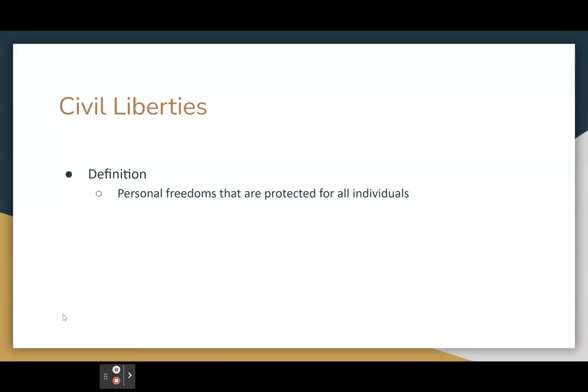So the government can only do so much to you. It can prosecute you if you've committed crimes or if you've been accused of committing crimes. But at the same time, there are protections against certain trials against those things, right?